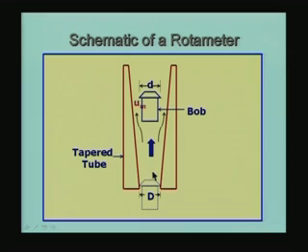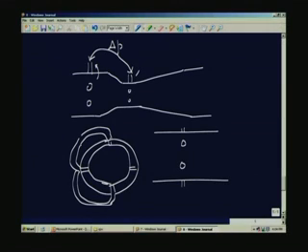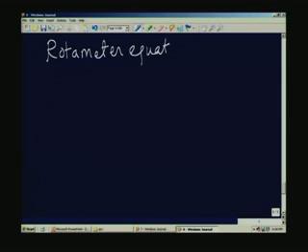So let us now look at the way this turns out. So I am going to work it out on the board. We want to look at the rotameter equation. We will actually derive this equation. So let me just make a simple sketch here again.